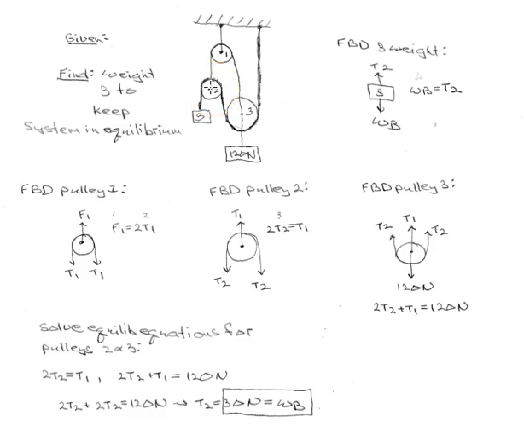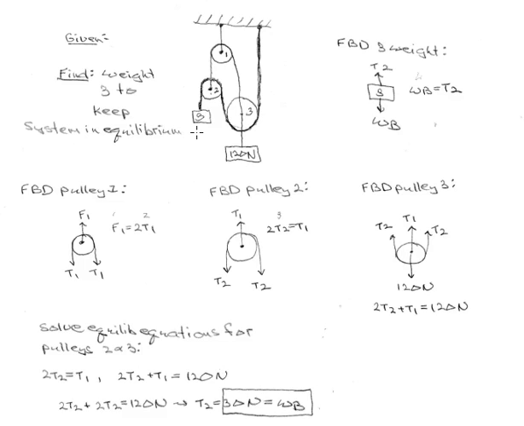We have a cable that goes from the center line of pulley 2 up over pulley 1 to the center line of pulley 3, and then we have this long heavy rope or heavy chain that comes under pulley 3, over pulley 2, and then is attached to weight B. And the question is, what would weight B have to be to keep the whole system in static equilibrium?